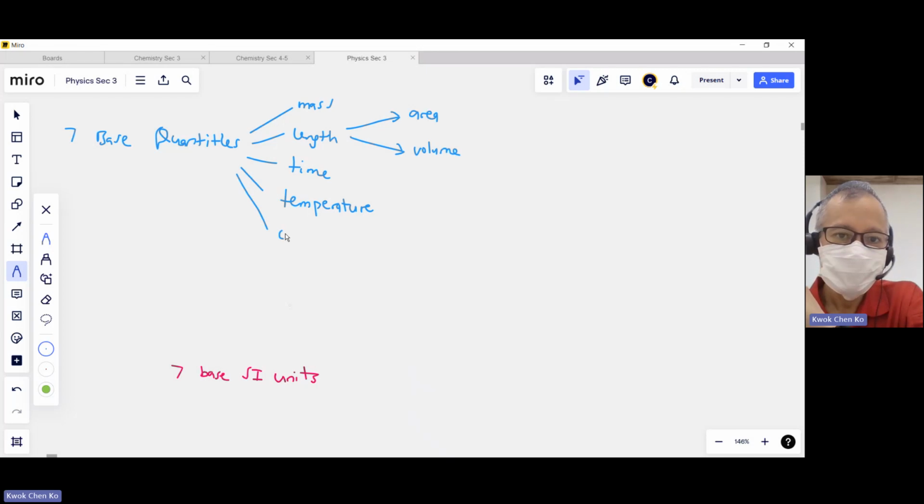Now, we also have current. There is something called mole, but I'll touch on this a bit more later on. Right, and lastly, luminosity.